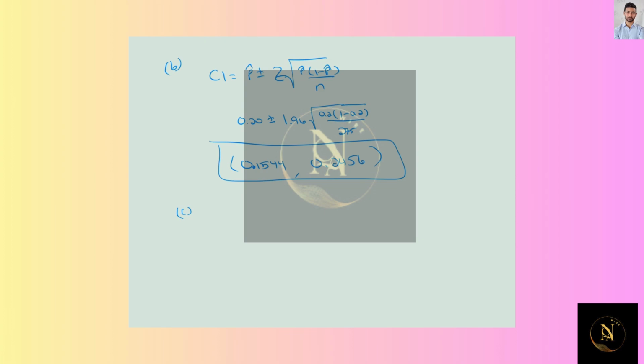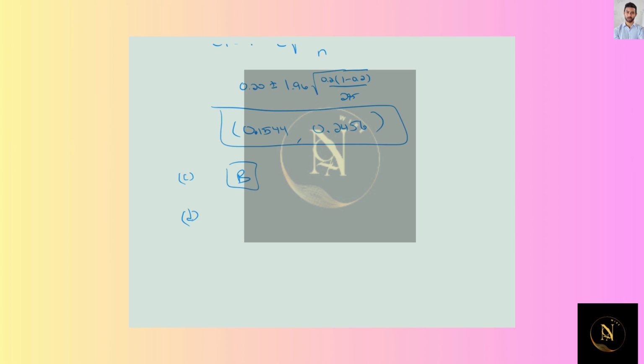So that would say we are 95% confident that the true proportion. I think what I would go with, I'm going to call it choice B because it's your second one.